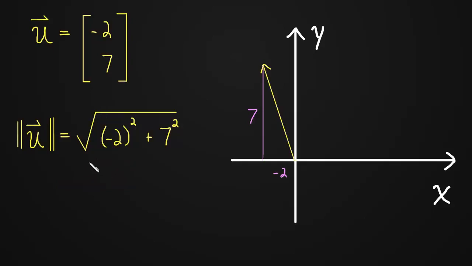Okay, let's do another example here. How about w is equal to (3, -2)? Just making stuff up.